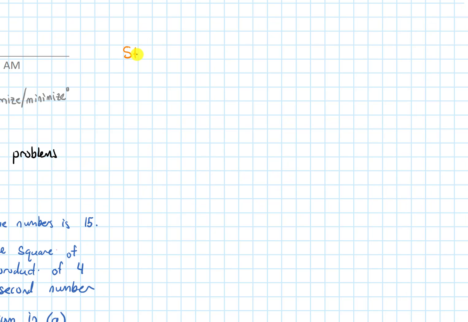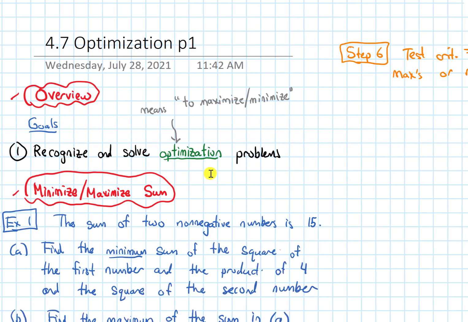So we are ready for step 6 now. Step 6, we want to test our critical numbers to see if they are absolute maxes or absolute mins. I forgot to mention this earlier, so let me mention it now.